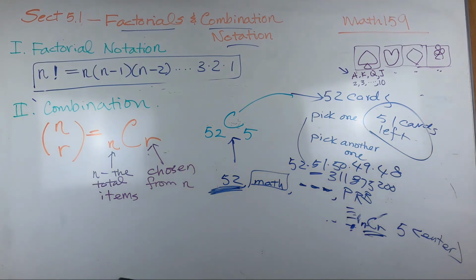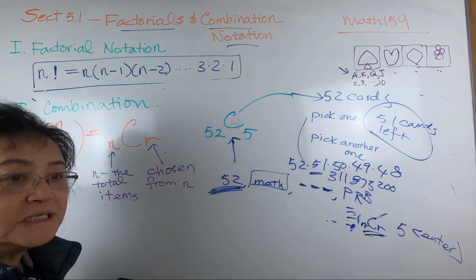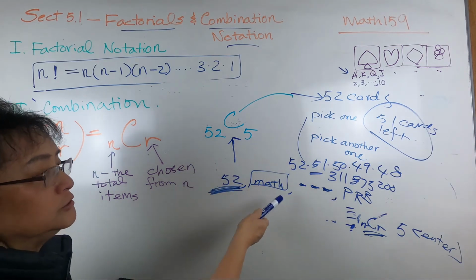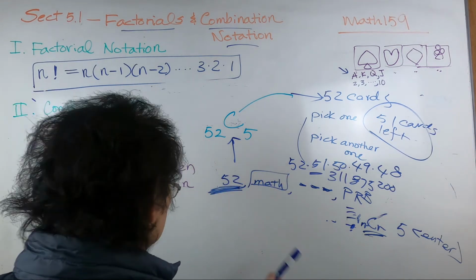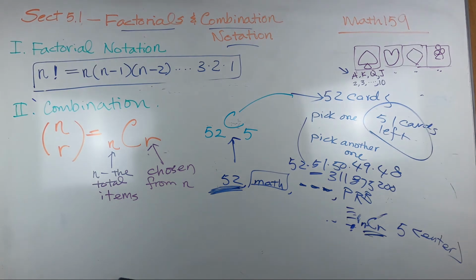Try that. Make sure you do it, okay? Or you go to the website and try that one. Or you can call the LTCC Math Tutoring Center and talk to them. They will show you on the screen how you need to do it.